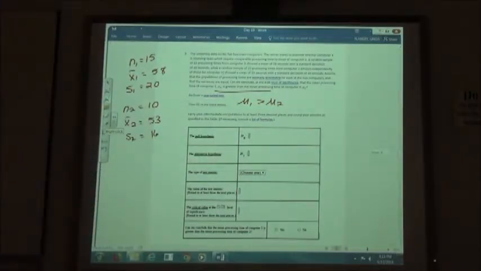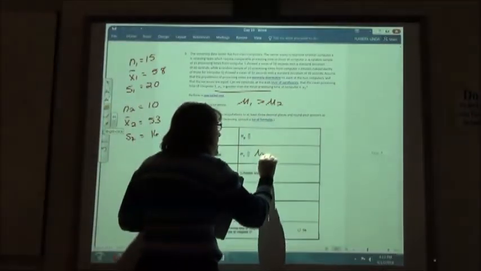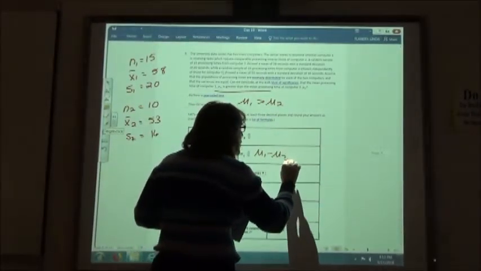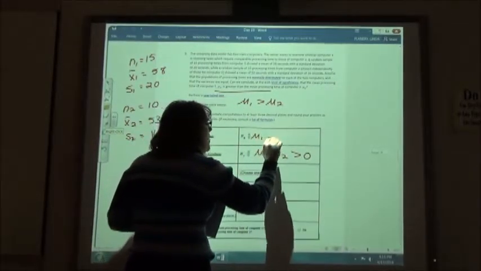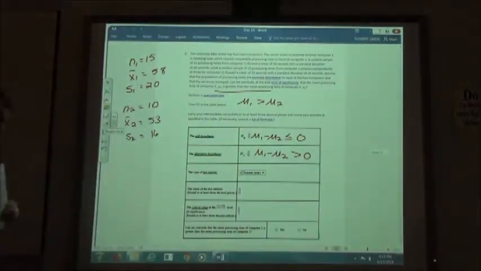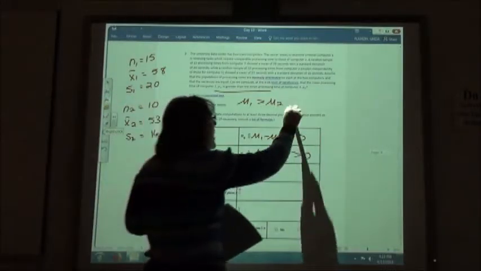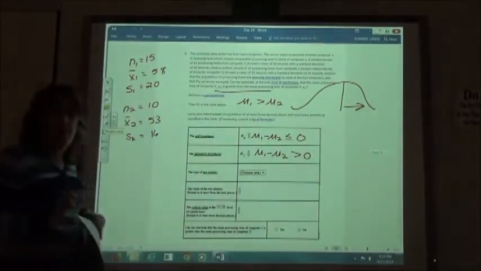The alternative. It doesn't have an equal sign in it, right? So we're going to rearrange this and say the mean of 1 minus the mean of 2 is greater than 0, which means this one is the mean of 1 minus the mean of 2 is less than or equal to 0, right? The null always has the equal to in it, which means on this one we're doing a right-tailed test. As long as I'm figuring it out, I'm doing the greater.